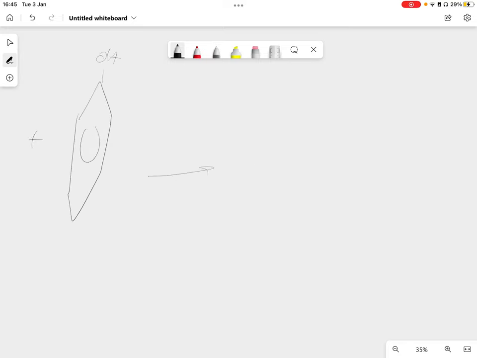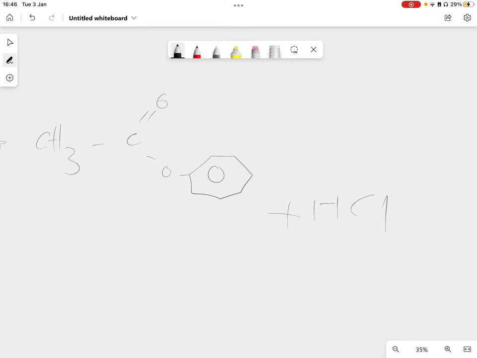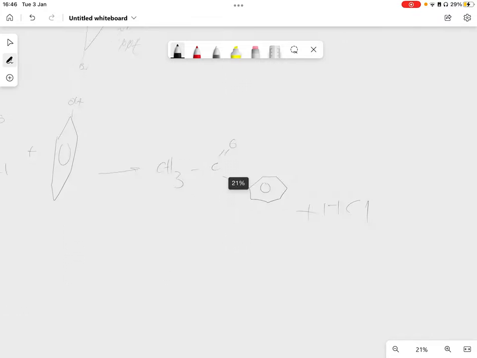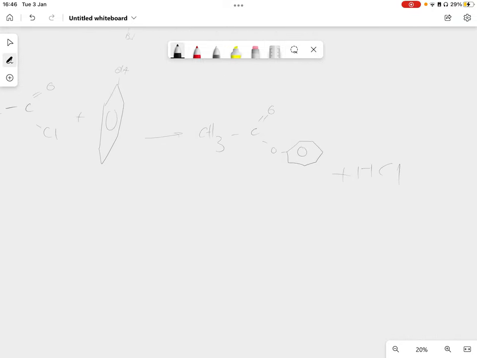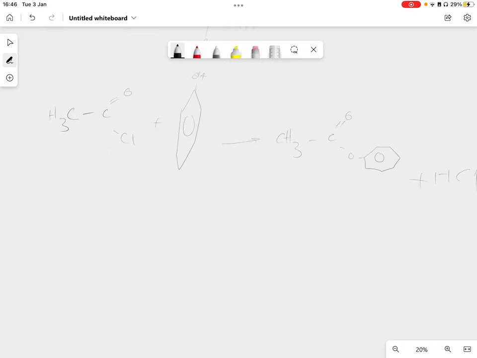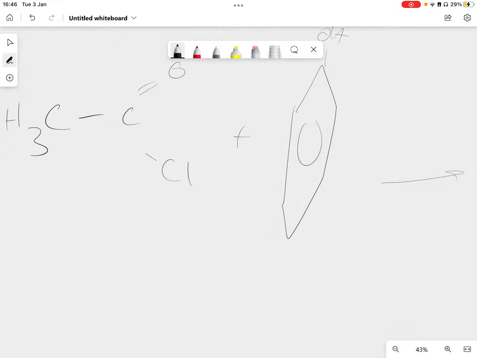It's going to form an ester, and in our condensation reactions, of course, we have a loss of a small molecule. But ethanoyl chloride is usually expensive, so ethanoic anhydride is used, but the reaction by itself is quite slow, so you can use a base such as pyridine to catalyze the reaction.